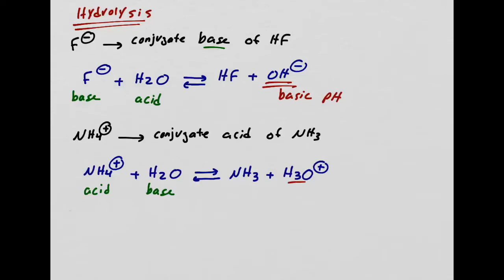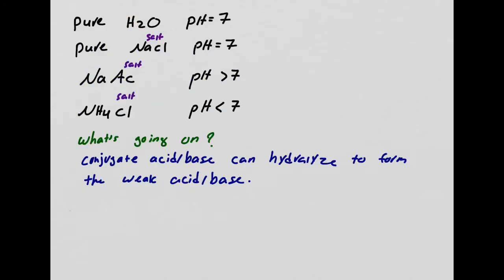Okay? Now, whoa, look at that. I have hydronium. I'm going to have an acidic pH, aren't I? So what was going on over here? I was having some conjugates. Conjugates can hydrolyze to form weak acids and bases.